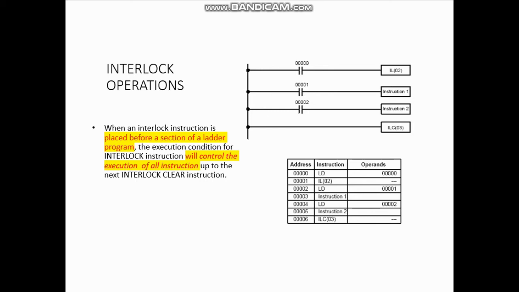When an interlock instruction is placed before a section of a ladder program, the execution condition for the interlock instruction will control the execution of all instructions up to the next interlock clear. So basically, in this case, we can see that ILC has no activation contact.